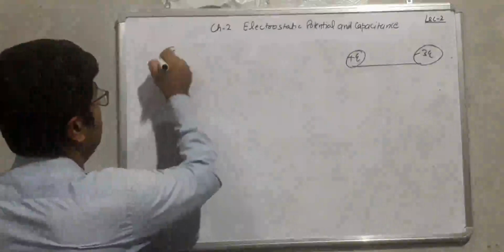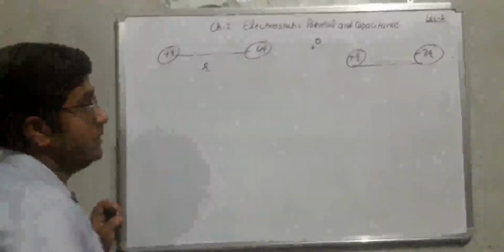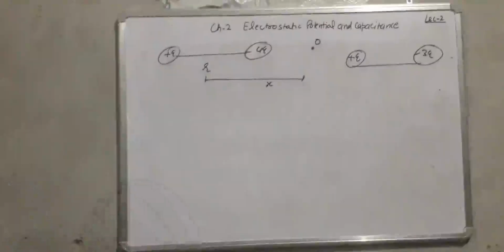This is plus q and this is minus 4q, and they are separated by a distance r. And now suppose at this point O, the net potential will be 0. Suppose this distance is x from the center between them.